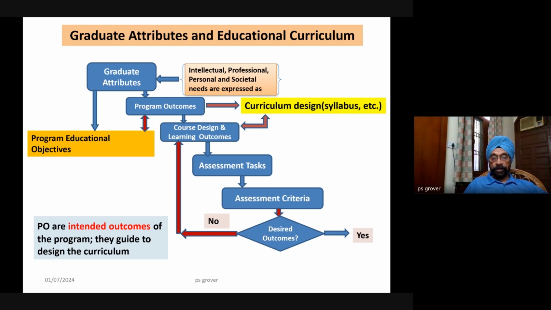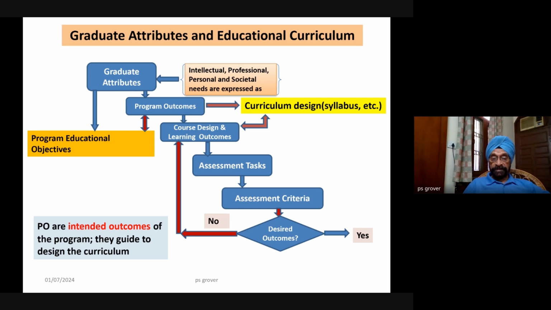Then the program, as I mentioned, is a certificate, or a diploma, or a degree. A program has courses. So course design, learning outcomes, assessment tasks, and assessment criteria are prepared keeping in view what our intended student learnings are.